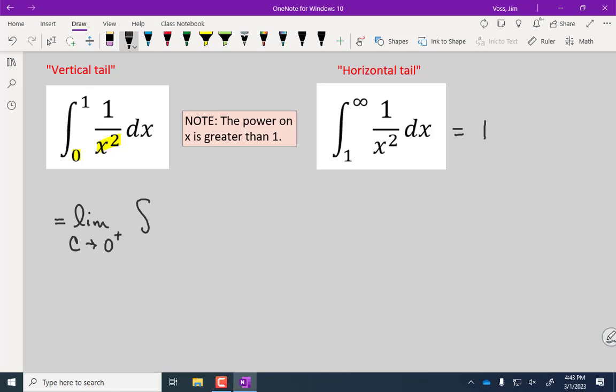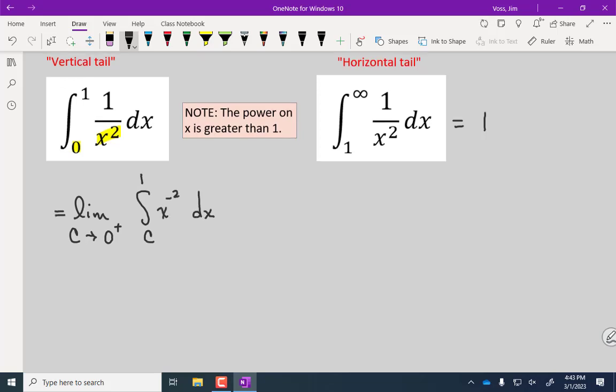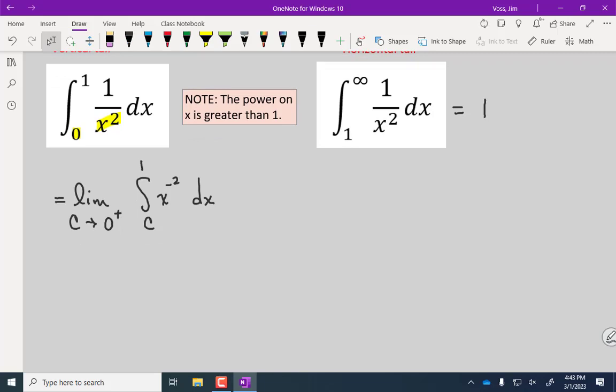So then this is going to be the integral of c to 1, x to the negative 2 dx. And this part is the same as the other problem. We still have the same antiderivative. This is going to be minus 1 divided by x, from c to 1.